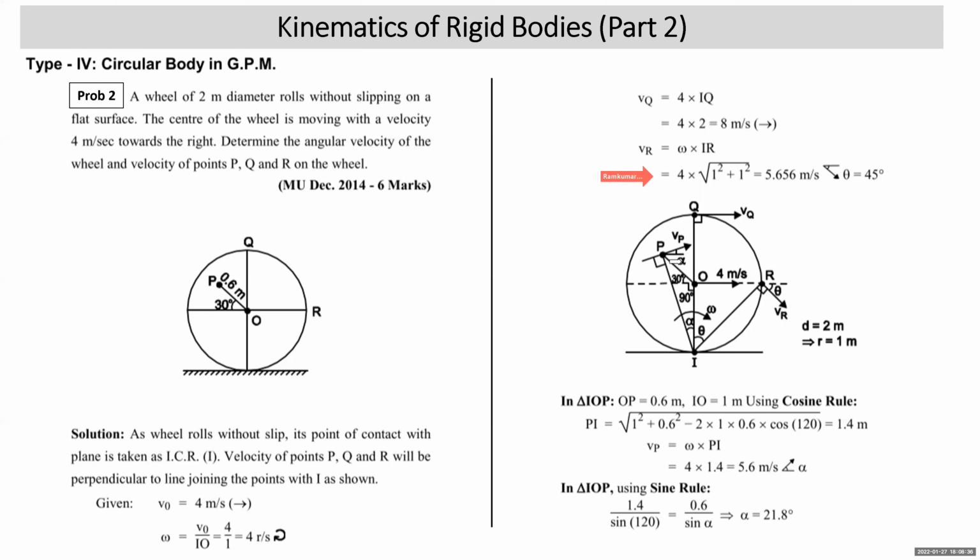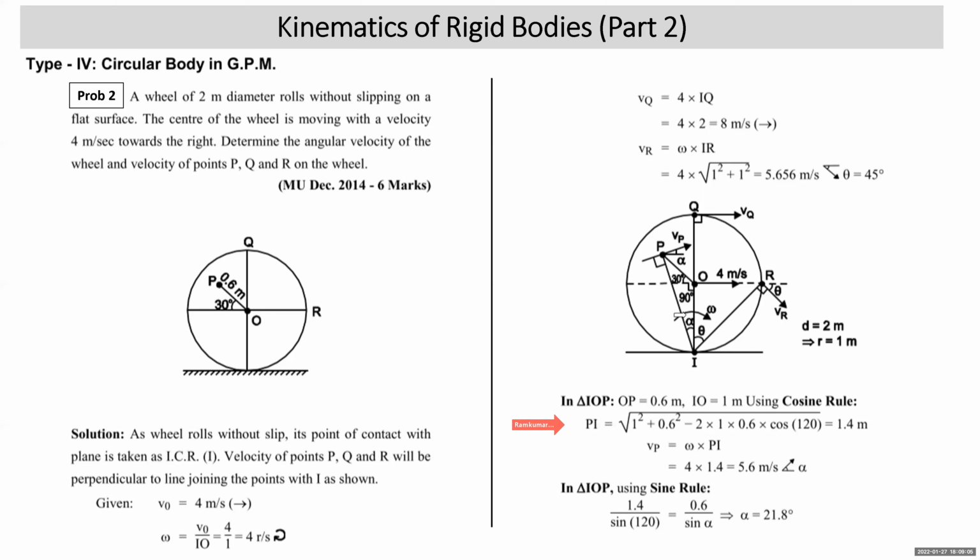So PI is the square root of 1 square plus 0.6 square minus 2 into 1 into 0.6 into cos of 120. That comes to 1.4. Now VP we can find out, omega into PI, but the angle is also required.